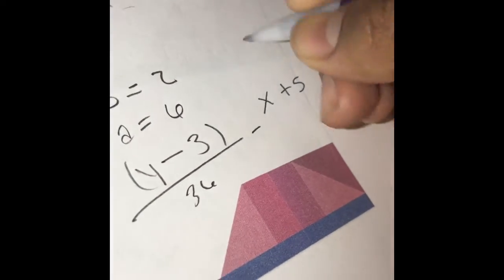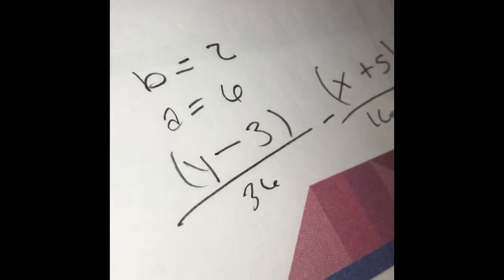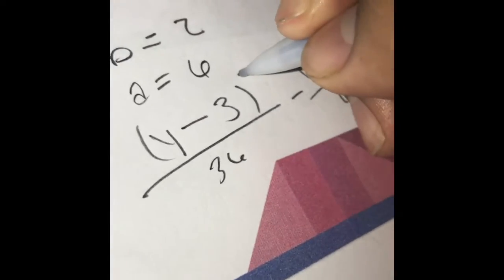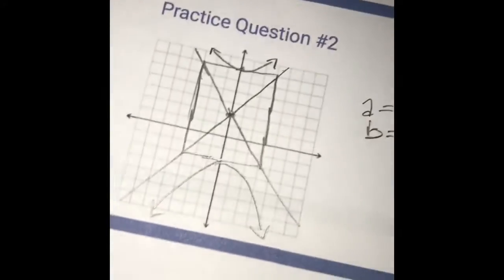Y minus 3 over 36 minus x plus 5, because this -5 turns positive, over b squared, which would be 16, equals 1, and of course it has to be squared. This is the answer. And now to finish off, here's the last practice question.